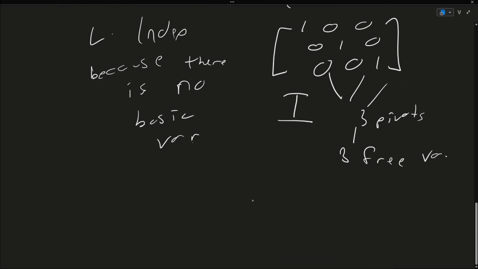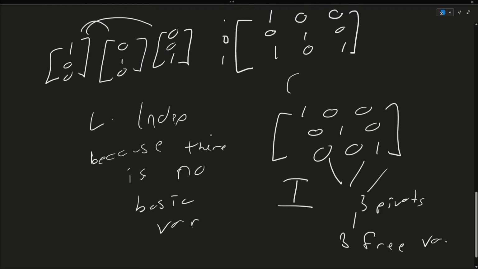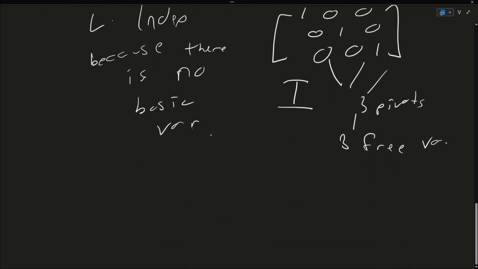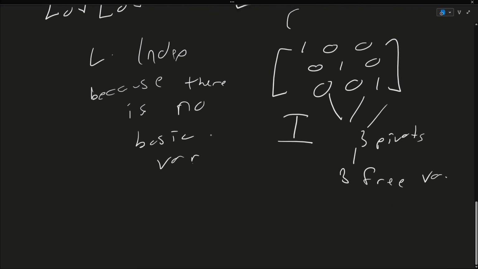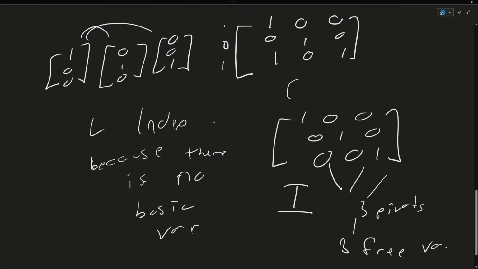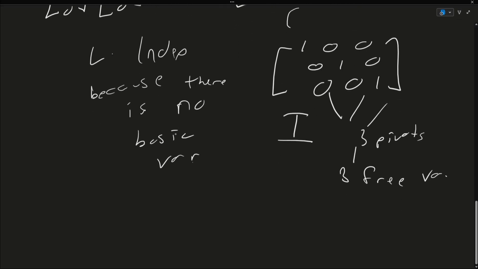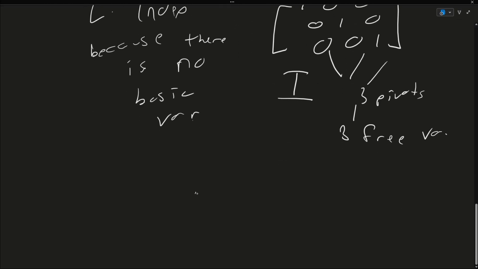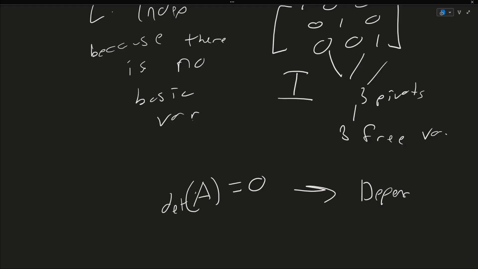However, there is one more method where you can take the determinant of a matrix. Let's call this matrix A. If the determinant of A is equal to 0, that's where we have linear dependence.